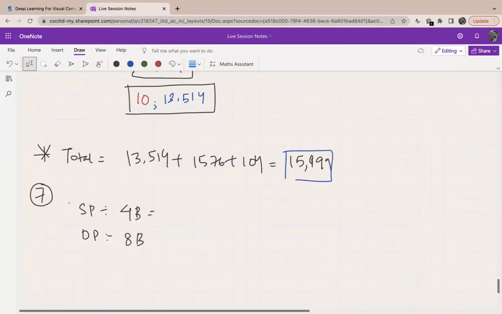And since we have 15,194 parameters, we need 15,194 into 8.